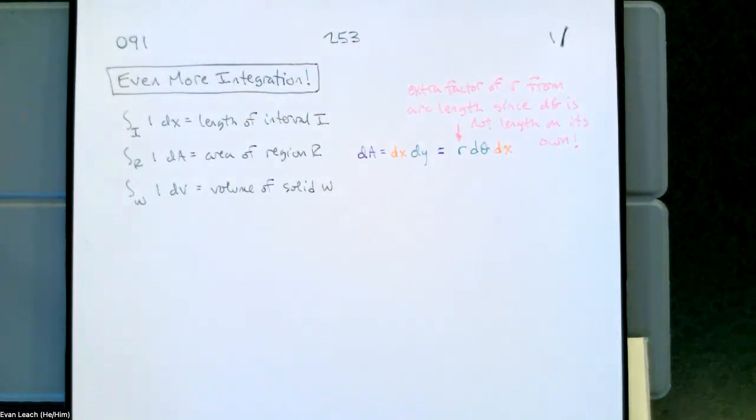So we got an area. That extra factor of r was from the arc length, since d theta is not a length on its own. We had to figure out how far we were from the origin, or sorry, the pole, to turn d theta into a length. At this point, we've kind of covered everything.